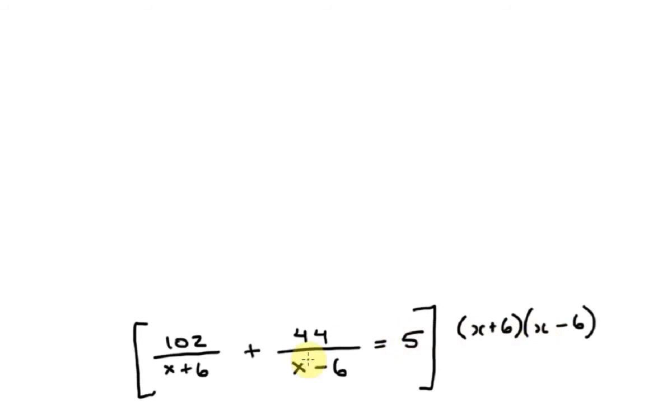All right, so my first term, the x plus 6's, would cancel, and I'm left with 102 times the x minus 6. So 102 times the x minus 6. Then it says plus. Then the x minus 6's cancel, and I have 44 times the x plus 6.